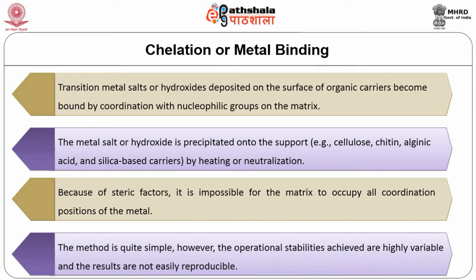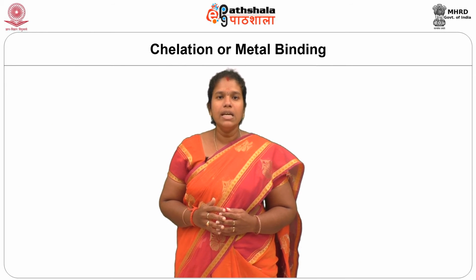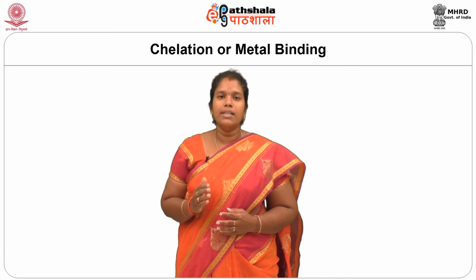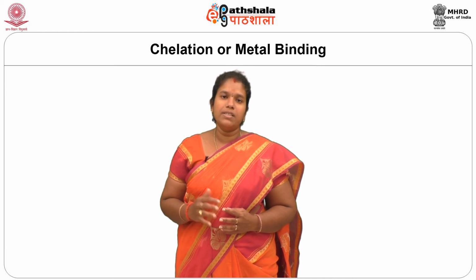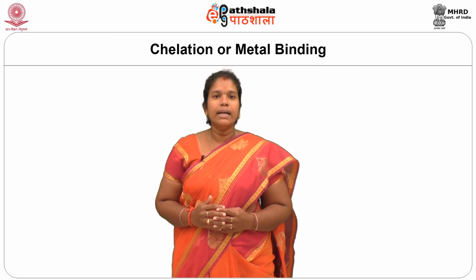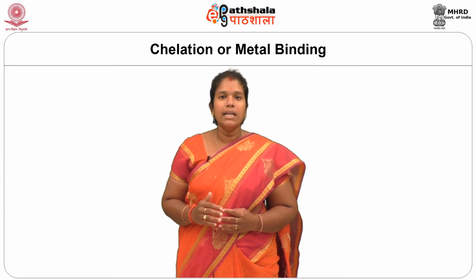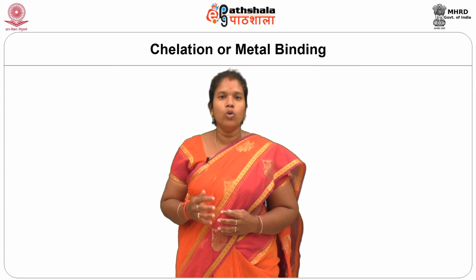The method is quite simple. However, the operational stabilities achieved are highly variable and the results are not easily reproducible. The reason for this lack of reproducibility is probably related to the existence of non-uniform adsorption sites and to significant metal ion leakage from the support. In order to improve the control of the formation of the adsorption sites, chelator ligands can be immobilized onto the solid support by means of stable covalent bonds.